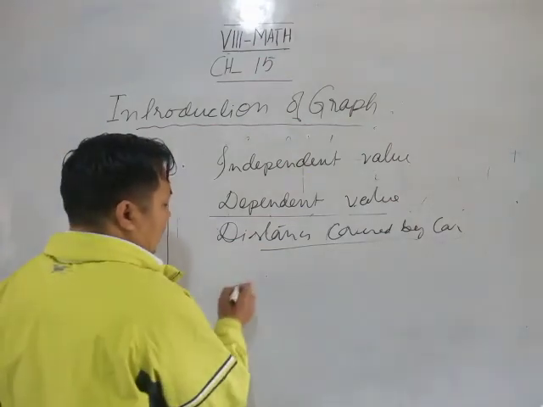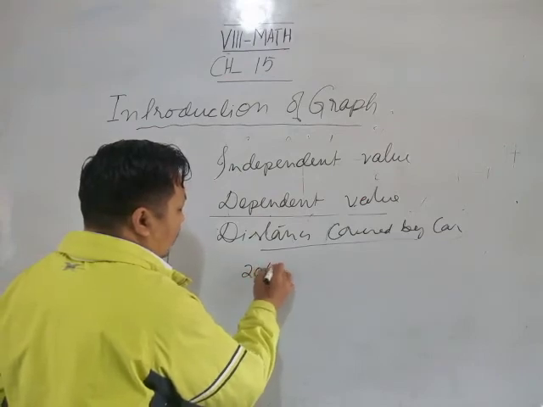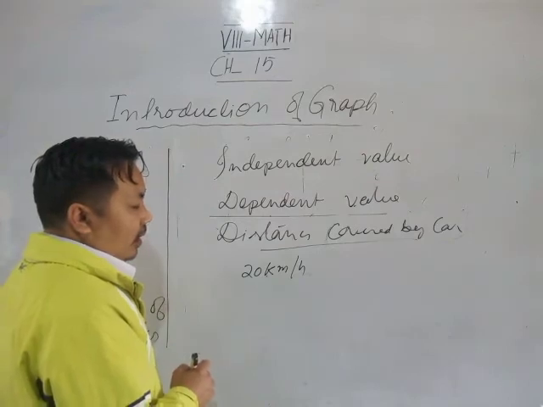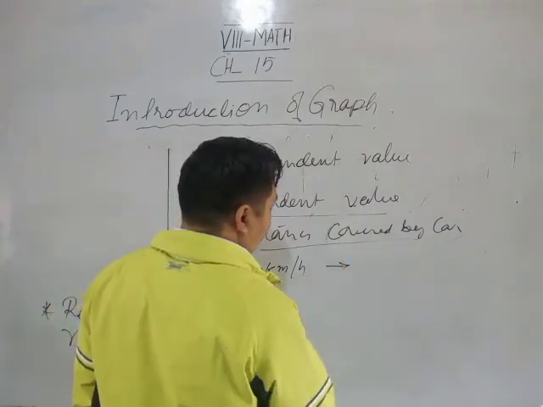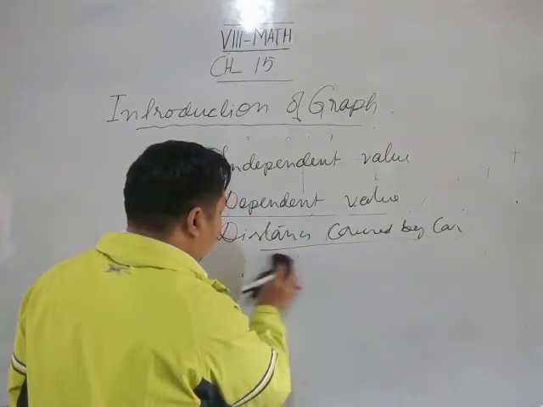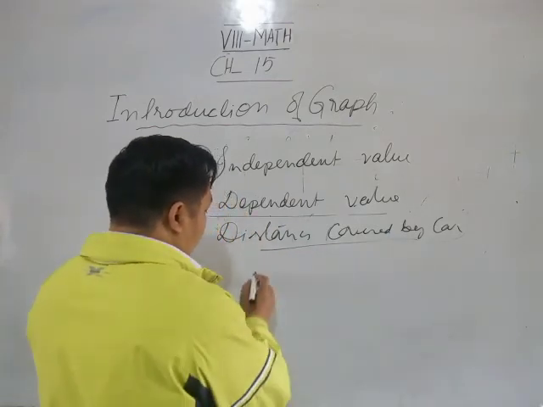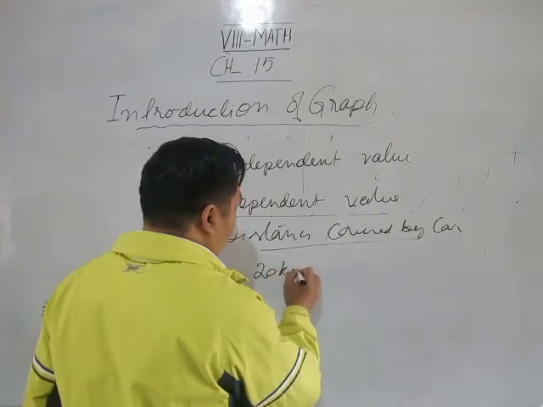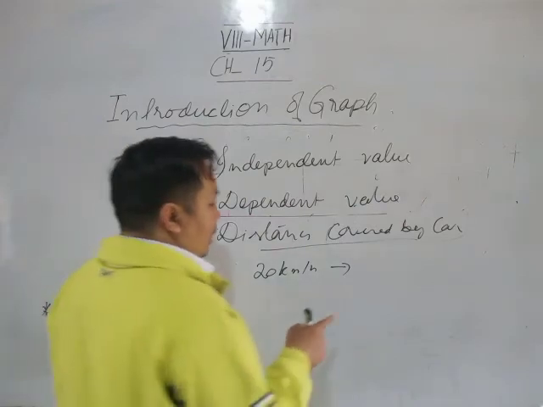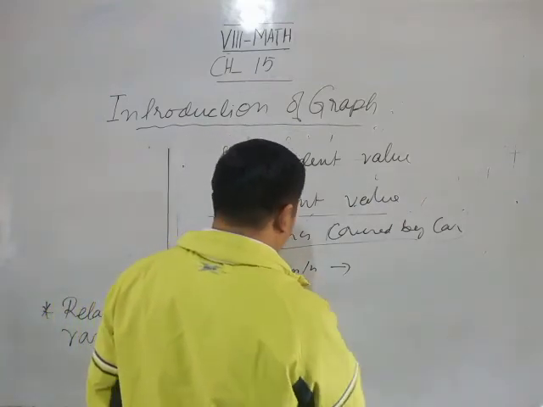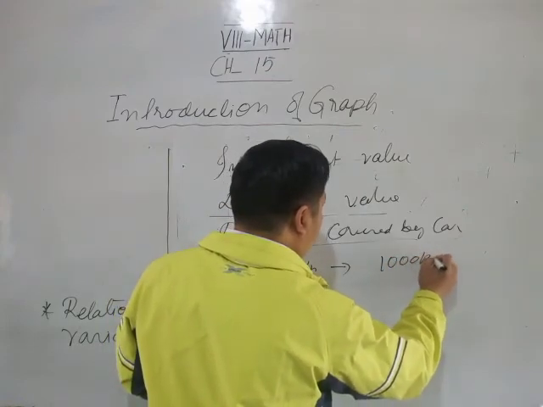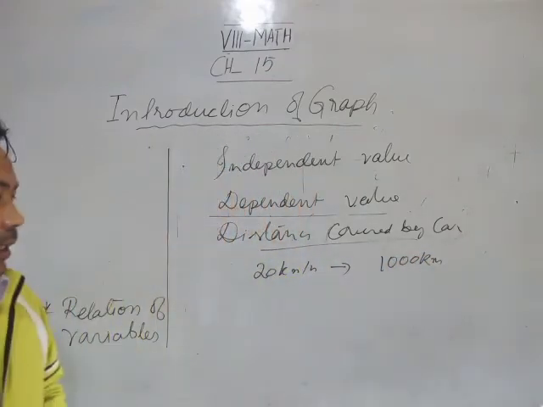For example, speed 20 kilometer per hour. Okay. If the car travels for 5 hours, it will cover up to 100 kilometer, isn't it? Yes.